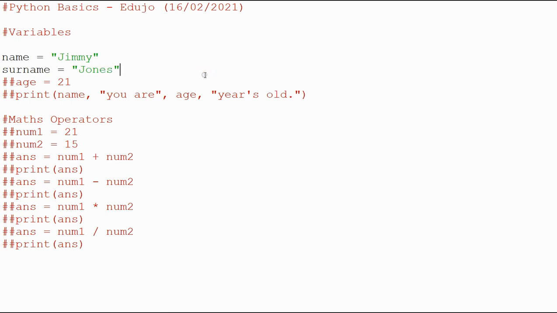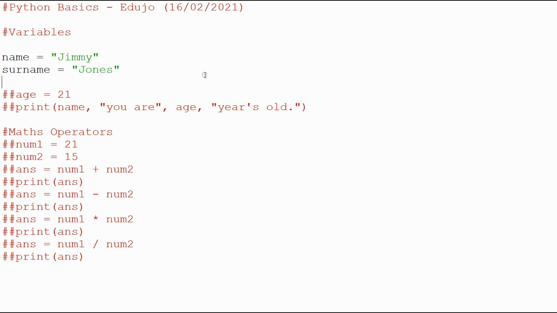And we can also do mathematical operations. I'll just say full name. Full name equals name plus surname. I just want to show you what that does when you do that.